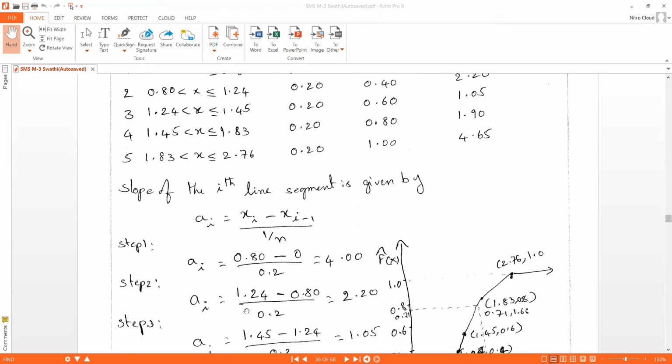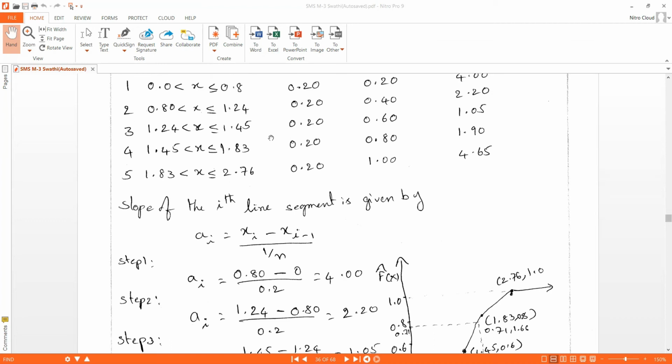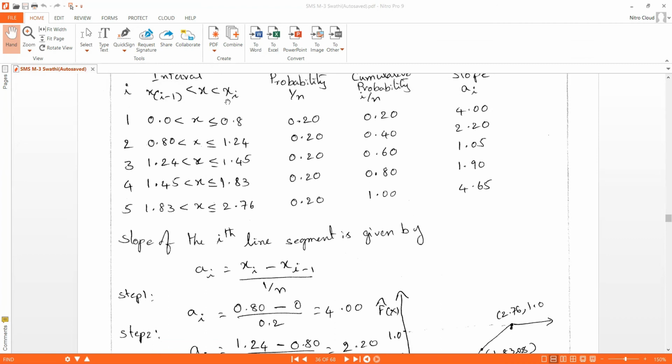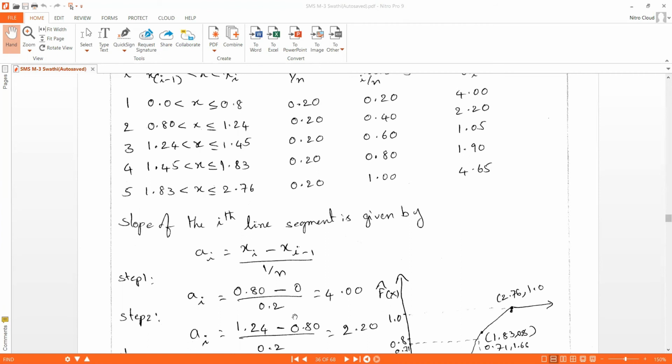Now when i equals 2, x_2 is 1.24 minus x_{2-1} which is 0.80, divided by 1 by n, which is 0.2.